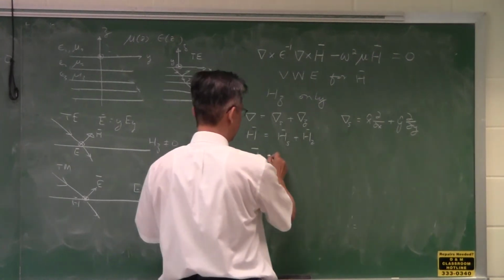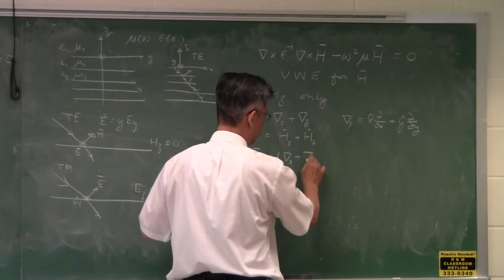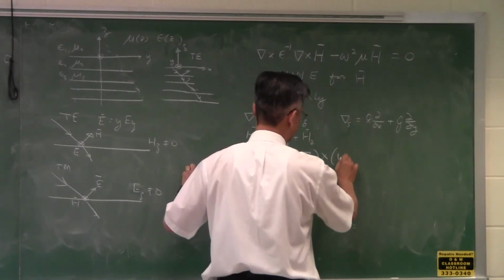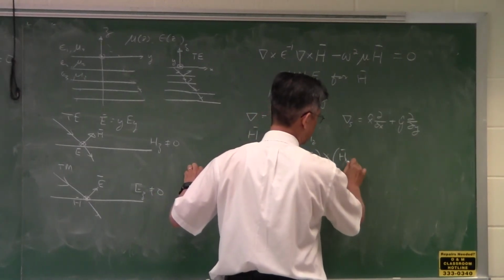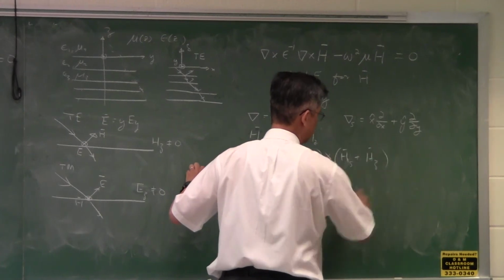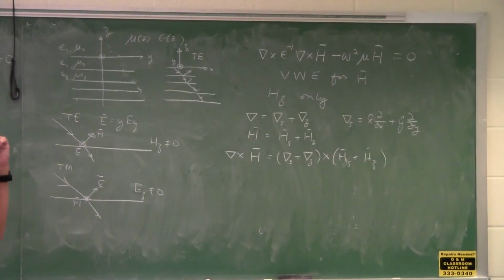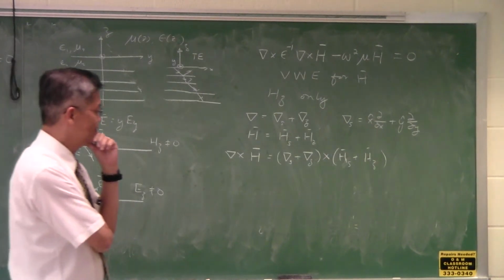Okay? So my del cross H would have 4 terms. If I multiply this out, it will have this term crossing with this term, okay, and then it will have 4 terms.